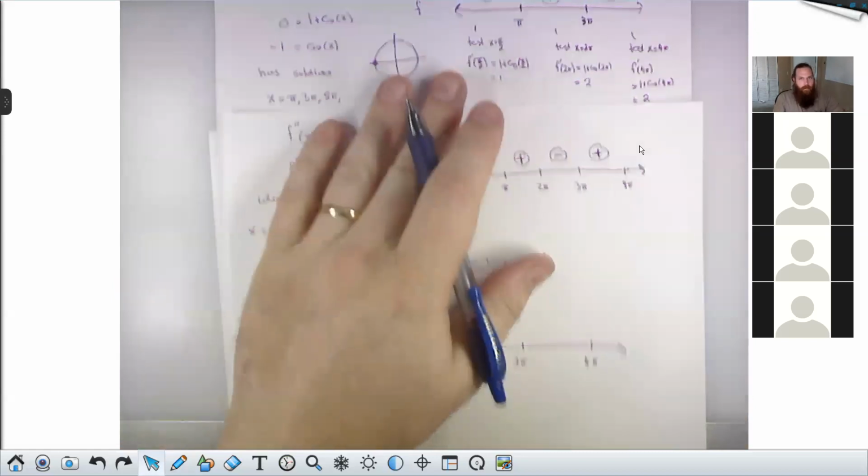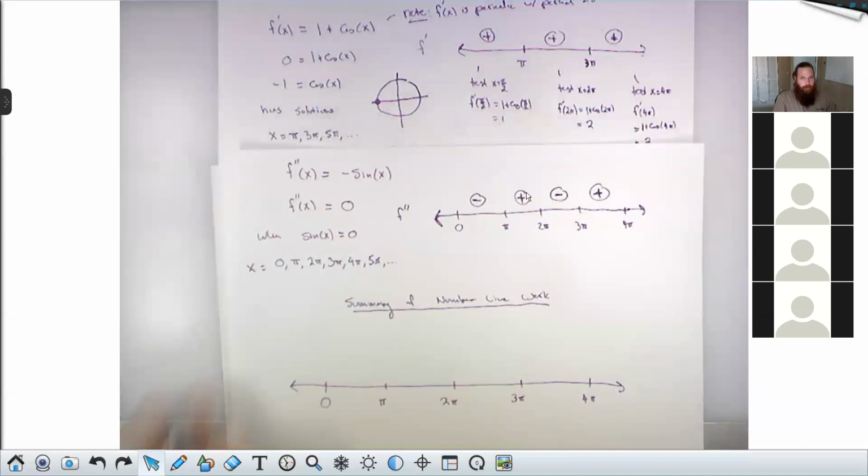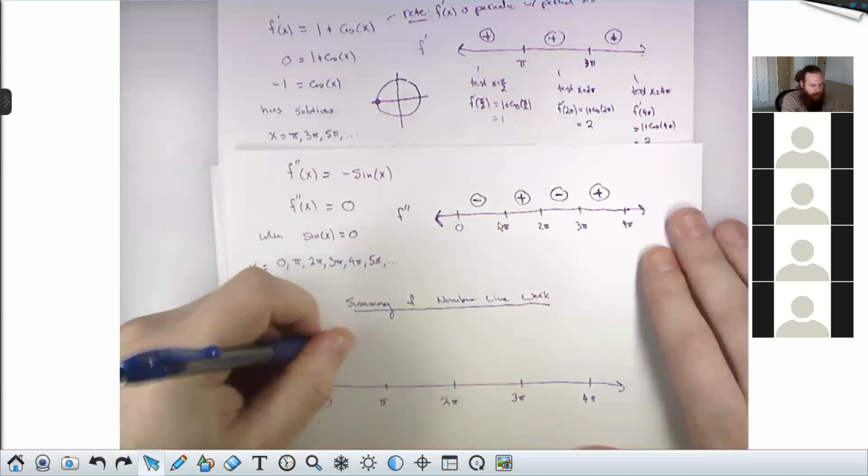Between 0 and pi, f prime is positive and f double prime is negative. And also I know f itself is positive.